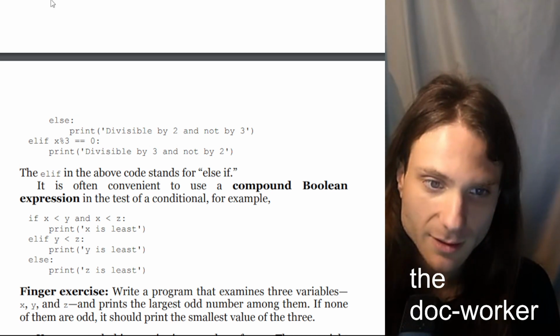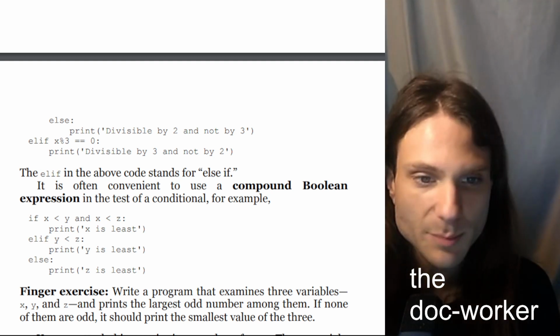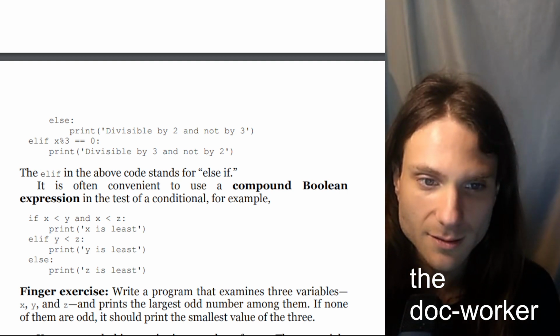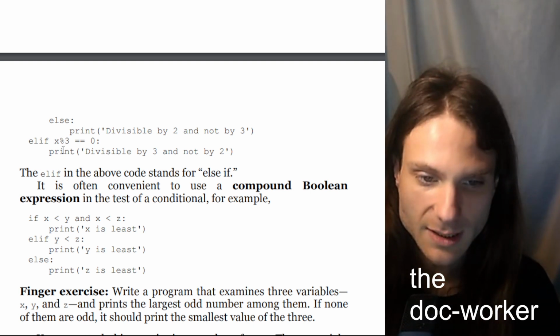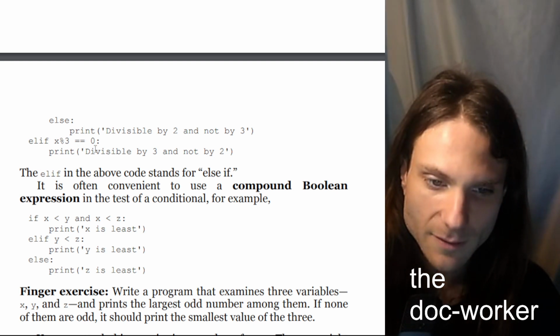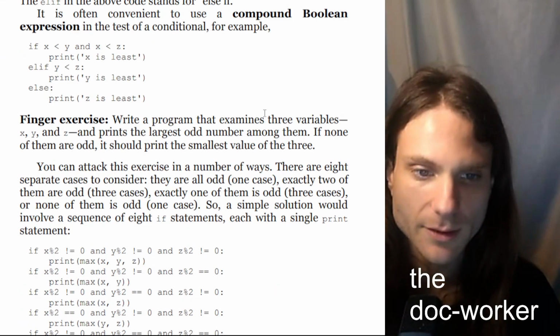So if x modulo 2 is not equal to 0, all of this will be skipped and it'll hit the elif statement, which is a separate check to see if x modulo 3 is equal to 0.